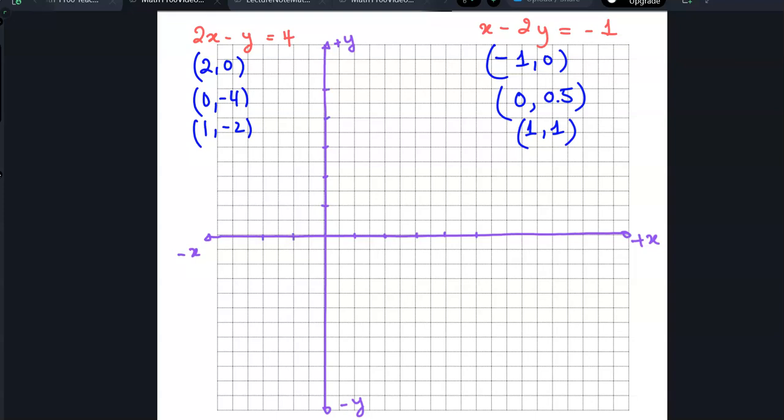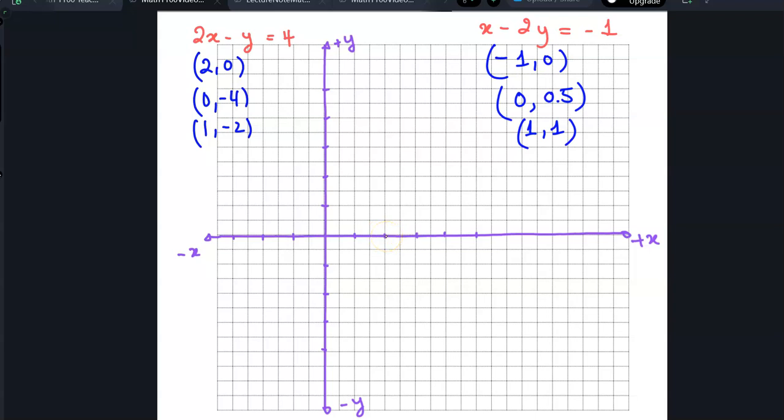Negative 1, negative 2, negative 3. Negative 1, negative 2, negative 3, negative 4. Don't forget, this side is negative. This is negative y-axis, positive y-axis, positive x-axis. And the scale I decide for this is 2 of this square will give me 1. Okay, so I will be consistent. So this is a 1. Okay, so this is a 2.